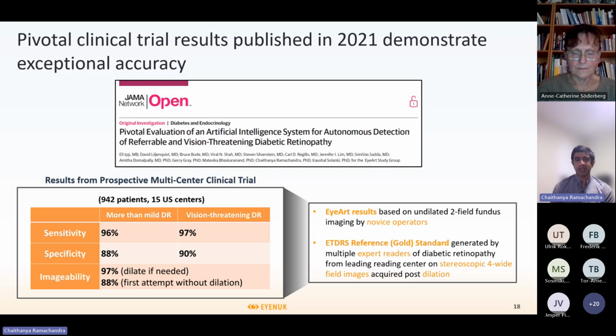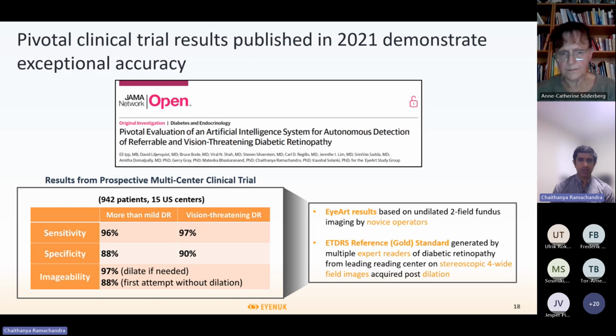Against such a gold standard, IART ended up with sensitivity of over 96% and specificity of 88% for more than mild DR, which is moderate NPDR or worse on the ICDR scale, or the presence of diabetic macular edema as well. And for vision-threatening DR, the numbers were spectacular as well. And here it is: severe NPDR or PDR or diabetic macular edema.